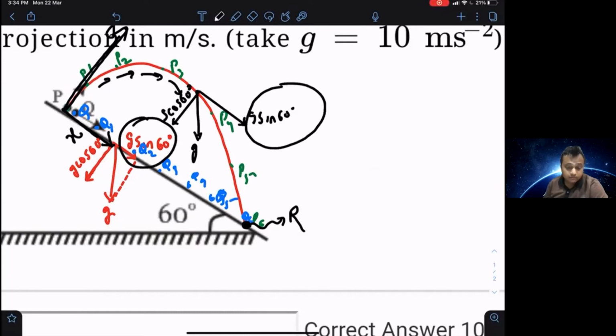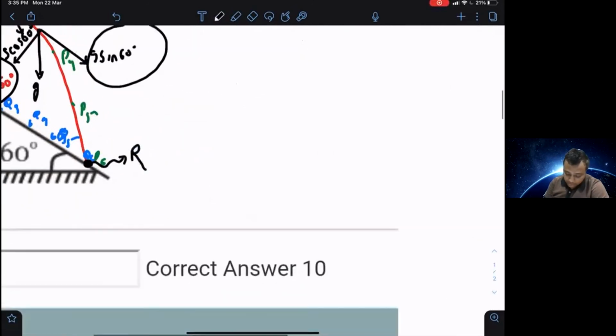And remember, if they are supposed to collide at R, their x coordinate should become the same at the same time. They have the same acceleration along the x-axis and they need the same displacement along the x-axis in the same time. So for getting the same displacement in the same time, when they have the same acceleration, their initial velocity along the x-axis must also be the same.